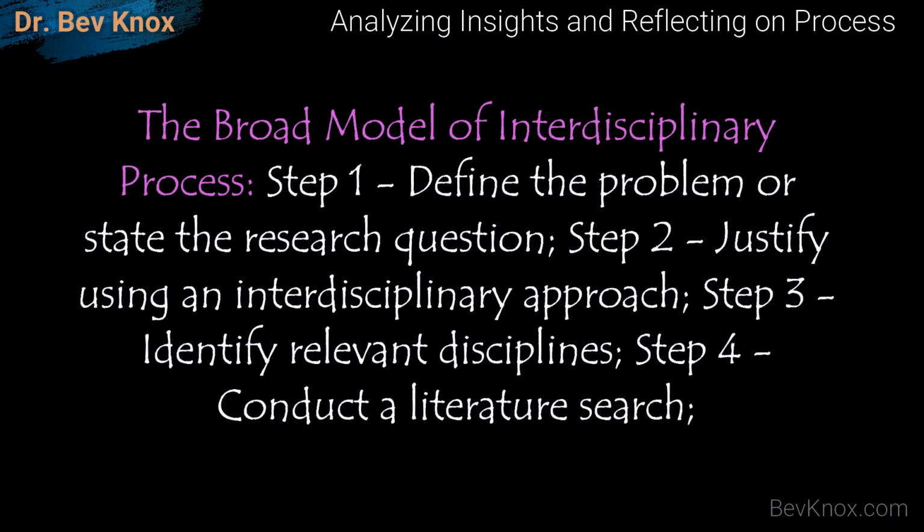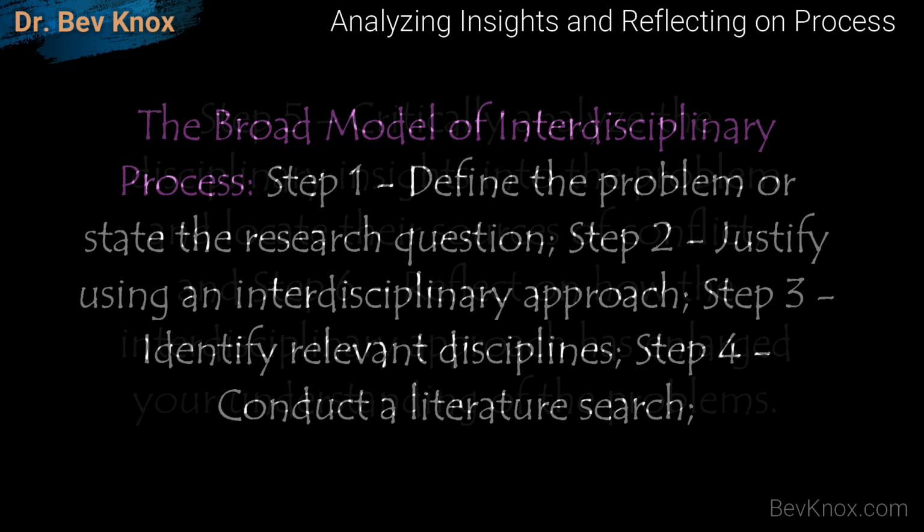And to sum it up, again, we review the broad model of interdisciplinary process. Step 1, define the problem or state the research question. Step number 2, justify using an interdisciplinary approach. Step number 3, identify relevant disciplines. Step number 4, conduct a literature search.